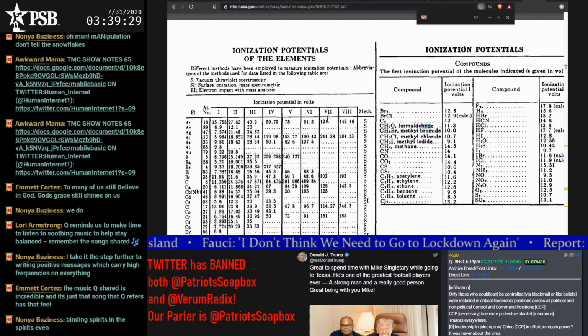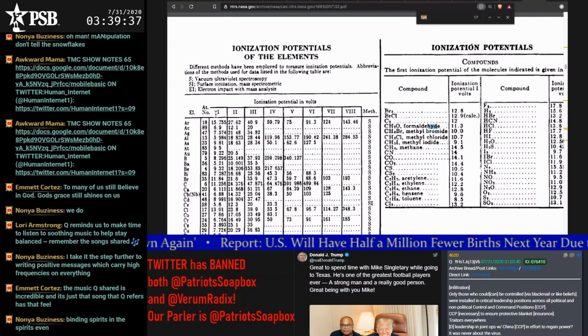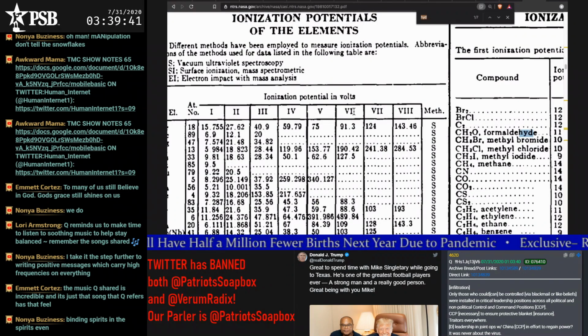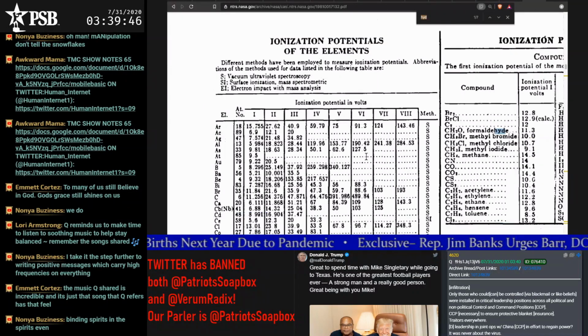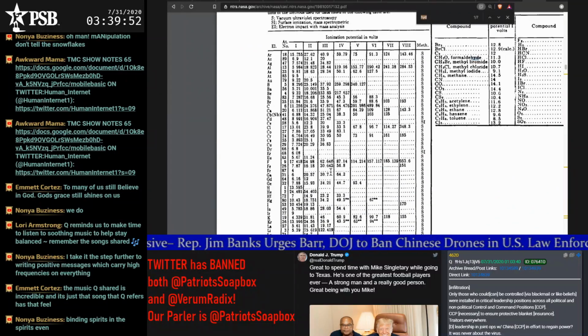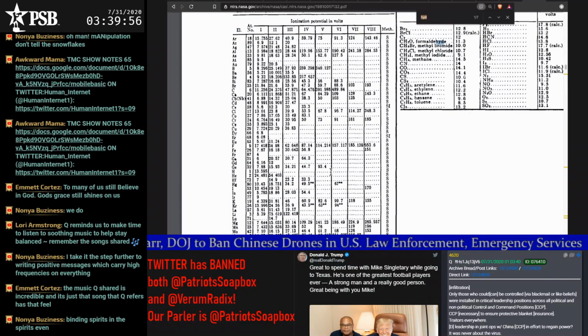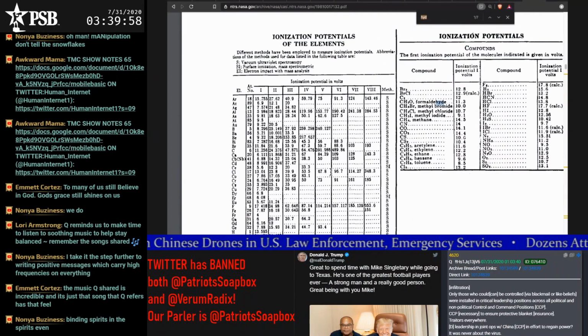In this document, they show ionization potentials of elements, and these are the voltage fields that are required to ionize these things. They're in Roman numerals 1, 2, 3, 4, 5, 6, 7, 8. And they've got all of the elements here. So when we look and think about multiphotonic ionization, they can just pick one.